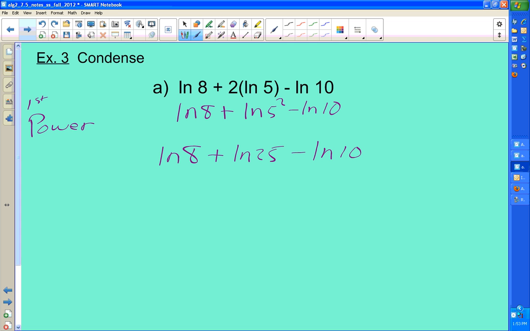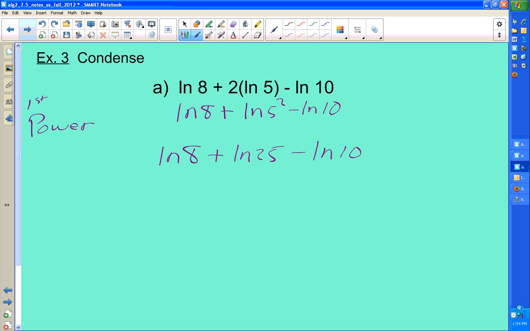The first thing you need to do is see if there's any power properties. Power properties are something times a log or log of something to a power. This is something times a log. So we're putting the 2 back on the 5 and squaring.